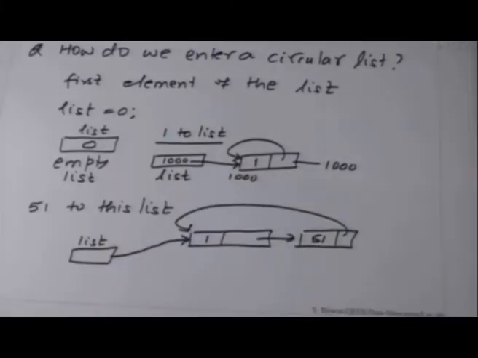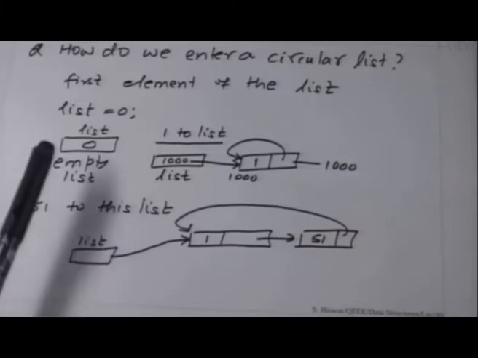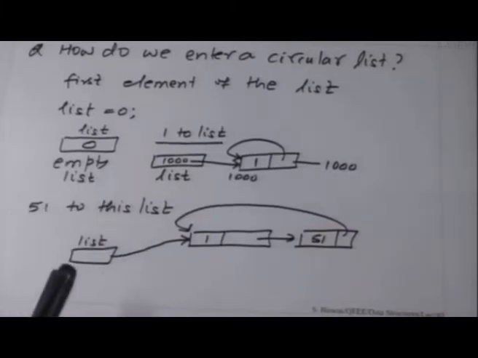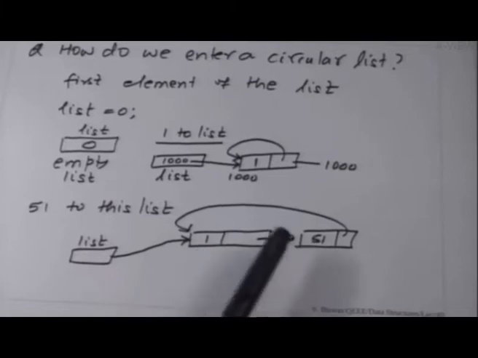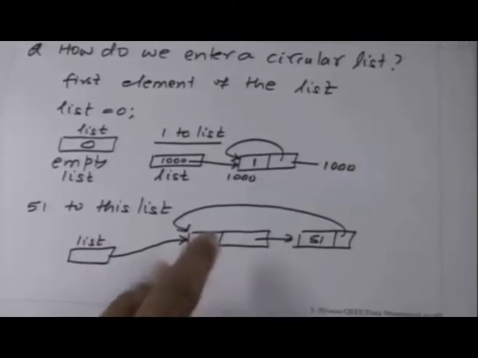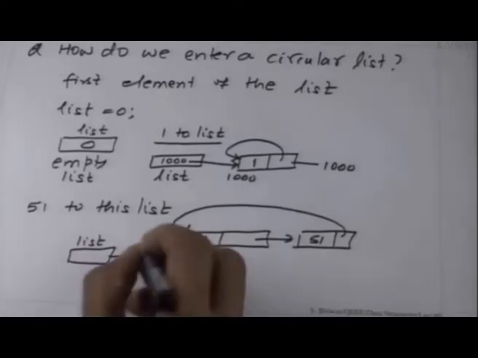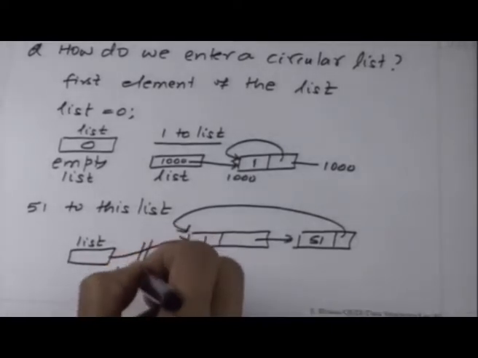So what I have tried to do is show you pictorially that I can have a circular list in which the pointer from outside is pointing to the first element, and depending on what you are doing, inserting, deleting, I'll keep pointing to the first element. So how do you enter a circular linked list? That is your decision. This is where you have to decide.